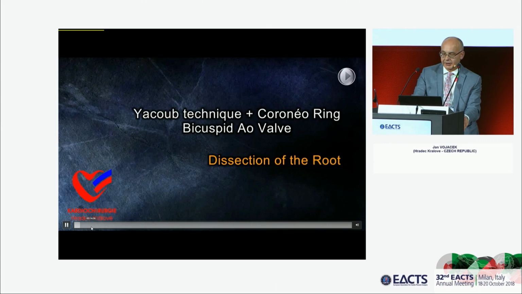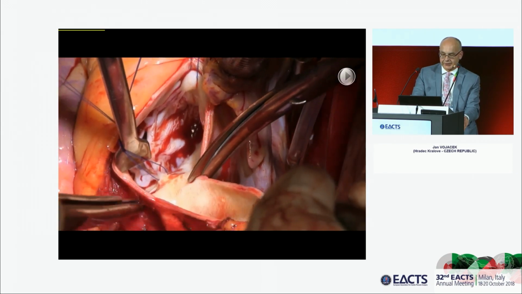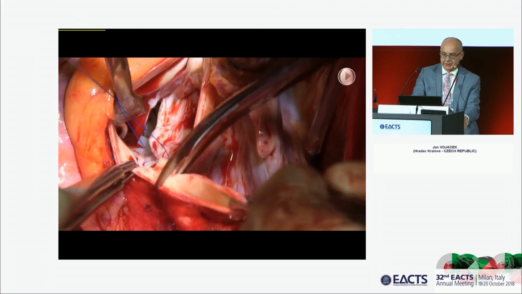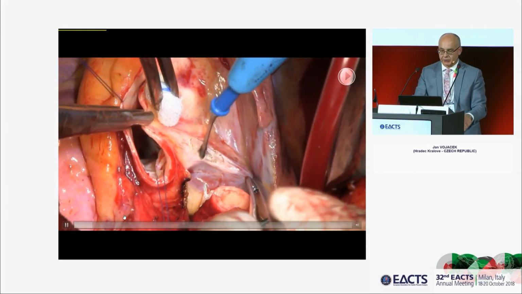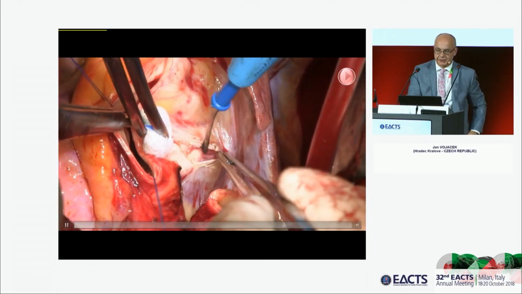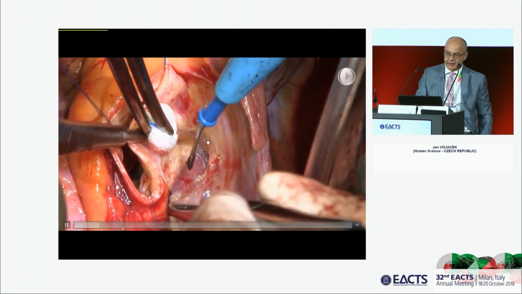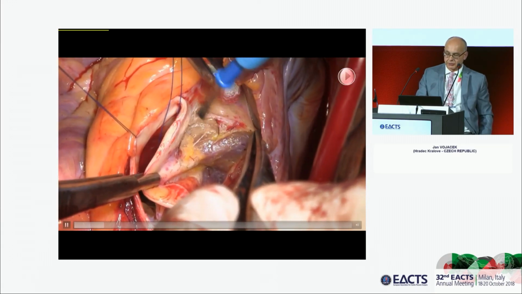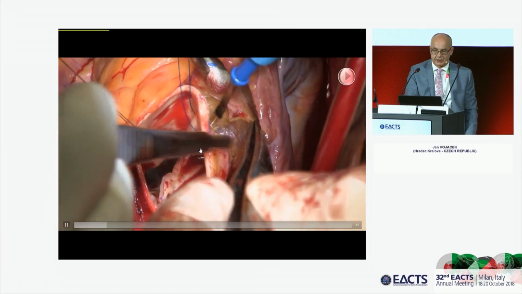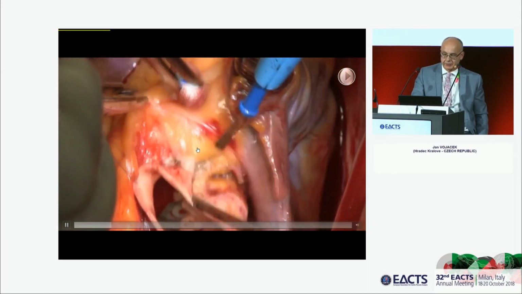Aortic remodeling in case of bicuspid aortic valve. We always start with deep dissection of the aortic root. The ascending aorta is transected just a few millimeters above the STJ, and we start with dissection at the level of the non-coronary sinus, where we have to dissect the root from the roof of the left atrium, which is actually the easiest part of the dissection.